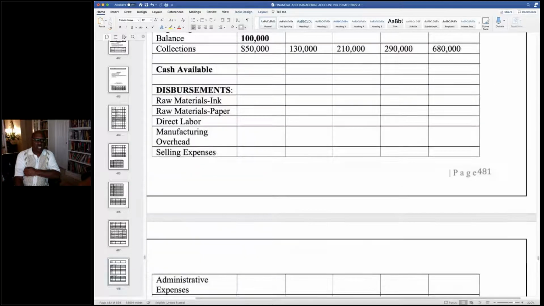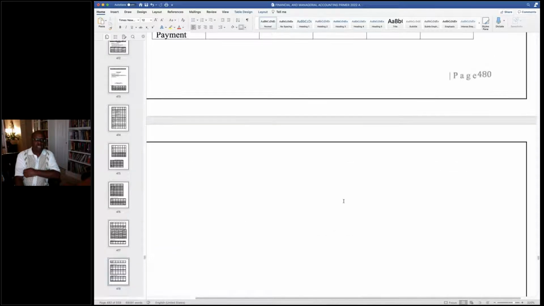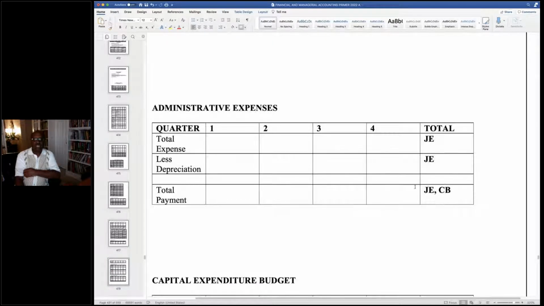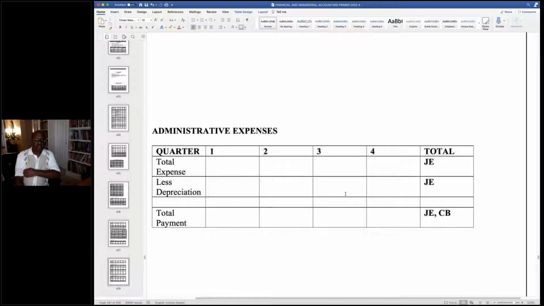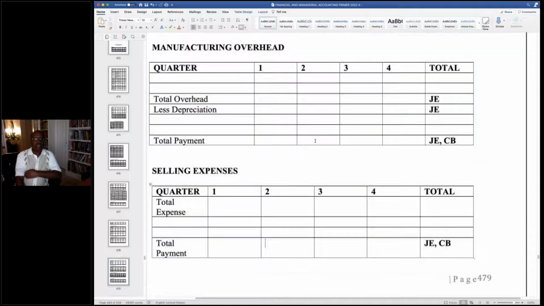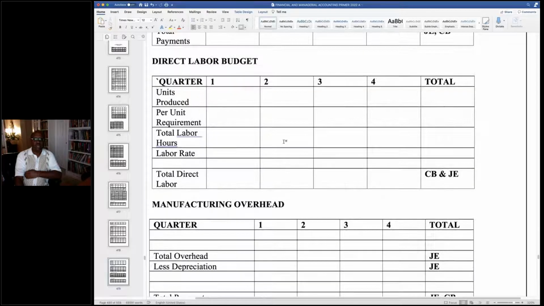So everybody's contributing a journal entry and a number for the cash budget except production. So you see administrative expenses, cash budget. Your last number goes on the cash budget. Selling expenses, cash budget. Your last number goes on the cash budget. Manufacturing overhead, cash budget. Your last number goes on that budget.